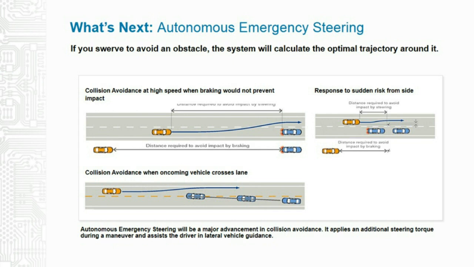It determines the exact trajectory around the car, the additional steering torque that will be needed to follow the trajectory and to stabilize the car. Again, if braking alone won't do it and it gets to an imminent bad situation, as we get further down the road toward self-driving vehicles, you'll have autonomous emergency steering.